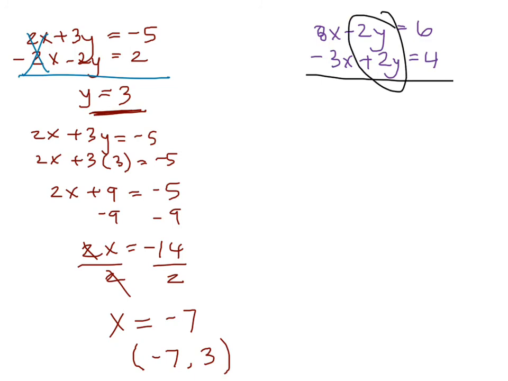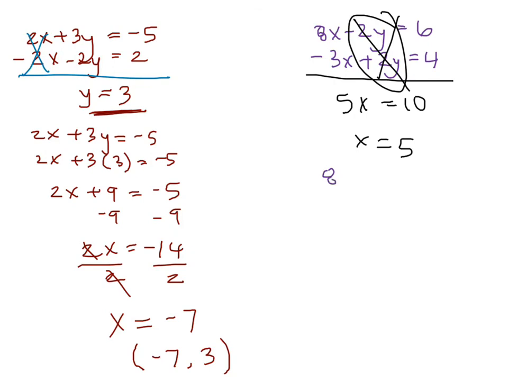Negative 2y and positive 2y will equal 0. 8 minus 3, not 8 plus 3, is 5x equals 10. And when we divide, we find out x equals 5.